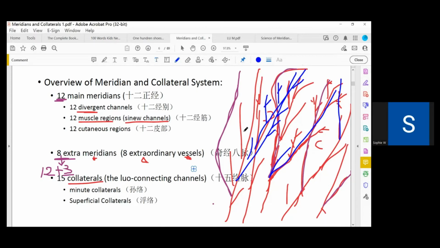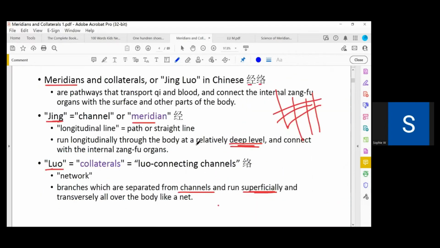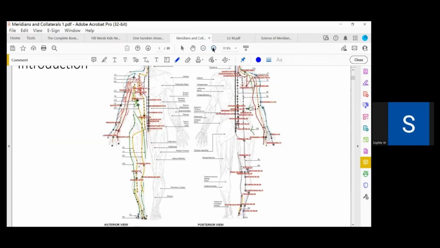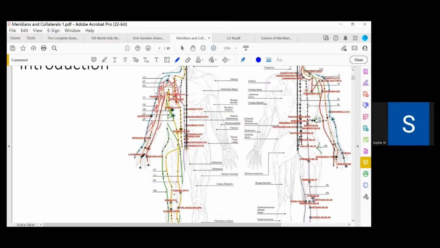There are small ones, like minute, superficial ones, to form a net. So that means all the meridians are not separate. From this picture it seems many of them are separate, but actually they connect with each other.